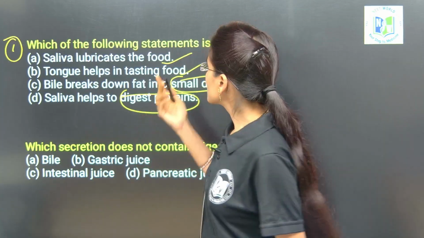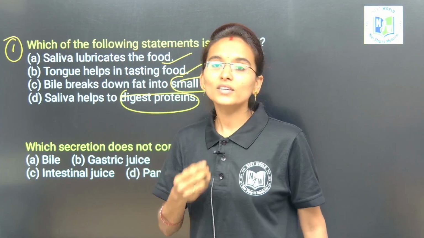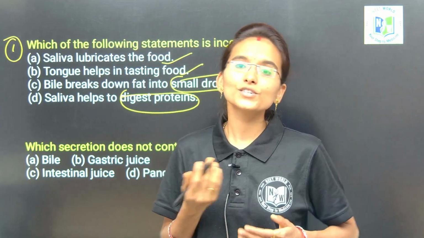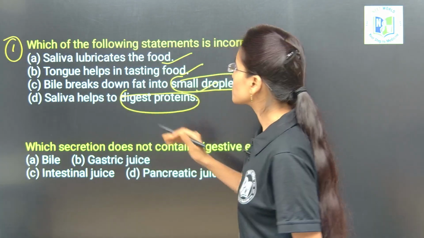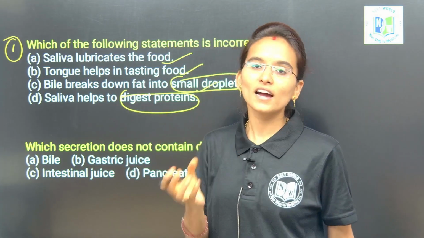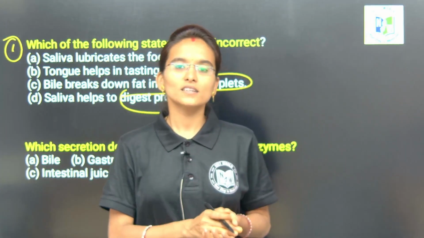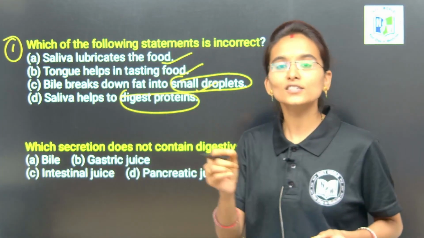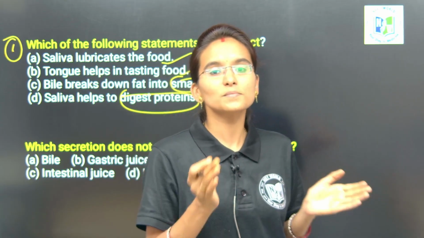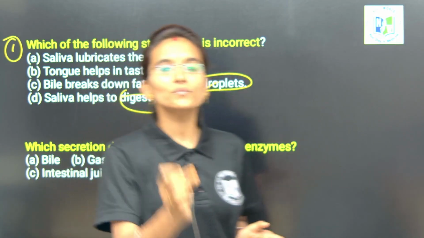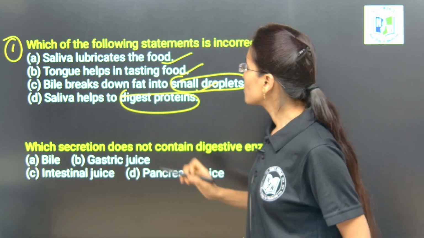The tongue is the main organ through which we can taste the food. And bile helps in the breakdown of fats into simple substances, like fatty acids.